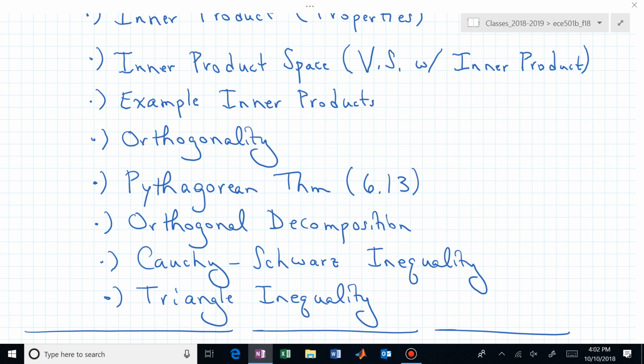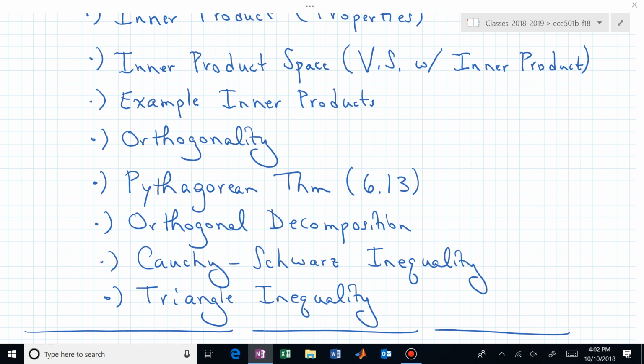We'll look at orthogonality. Now you're really questioning why you're sitting in this class. We're going to discuss the Pythagorean theorem. But now it is motivated by the fact that we are breaking up something into orthogonal components, or we have two vectors that are orthogonal. That allows us to then have the Pythagorean theorem.